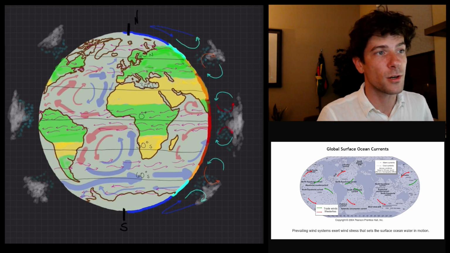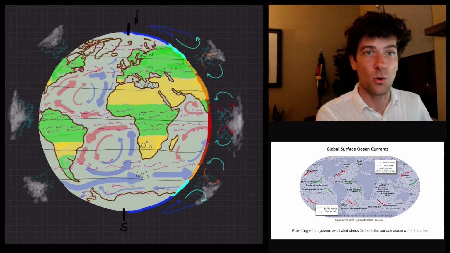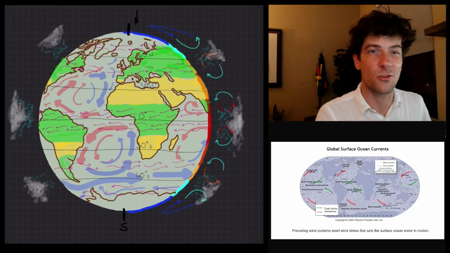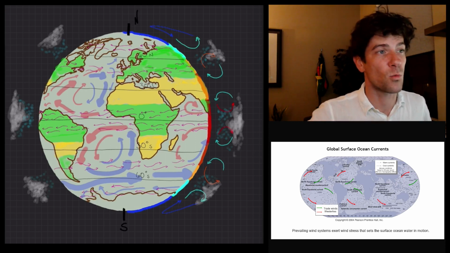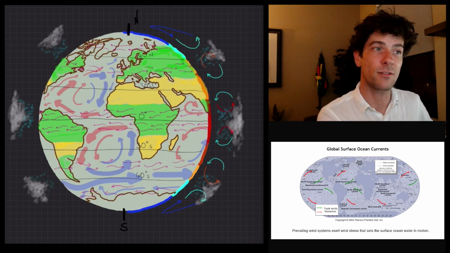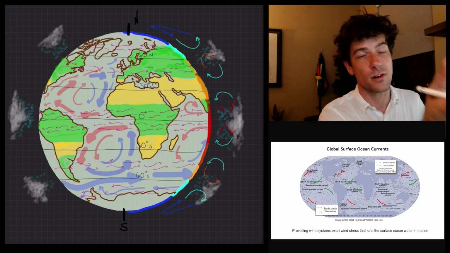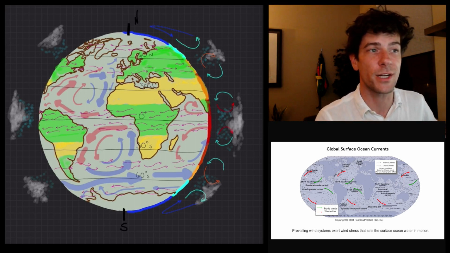North of the equator, that bends to the north, deflecting to the right, creating what we call the Gulf Stream, which takes warm water up the east side of North America and then carries it off into the North Atlantic, up toward Greenland.